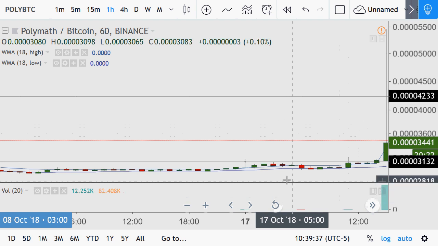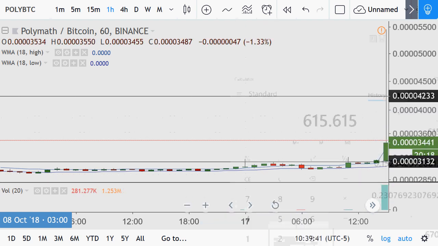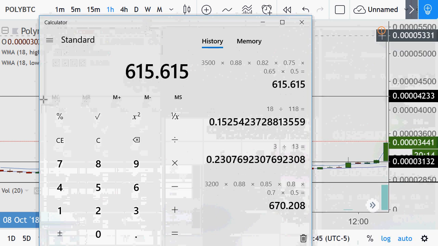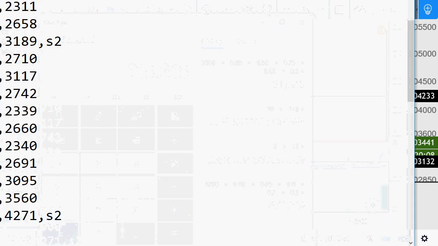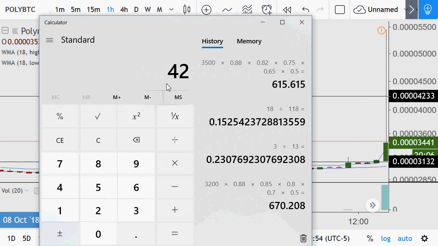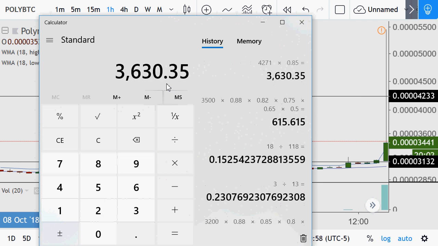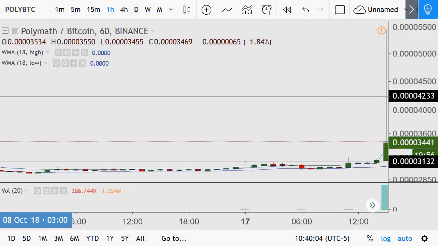Actually, I had to calculate it differently, because I can use the calculator, I guess, to show you. And what was the sell number again? Because 42.71. So that works out to 36.30. So as we can see, I can buy at 34.41, which is exactly what you would do.